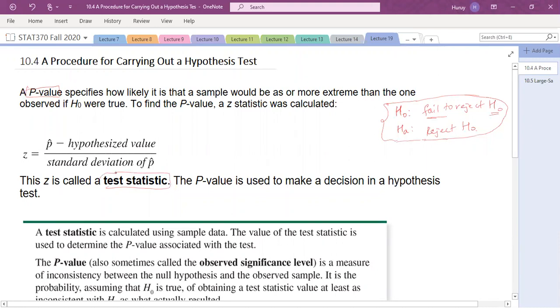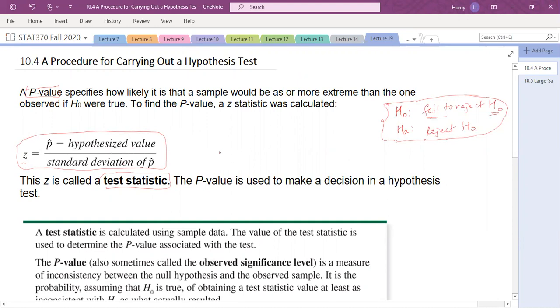Now, a test statistic is a value that we calculate from the sample. There are different types of test statistics. One is Z. We have been learning this Z for a while, and we call this one a test statistic.